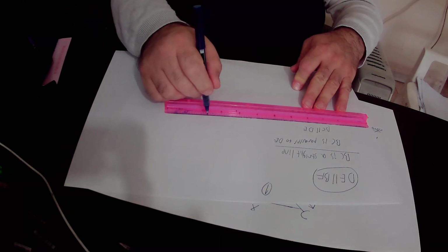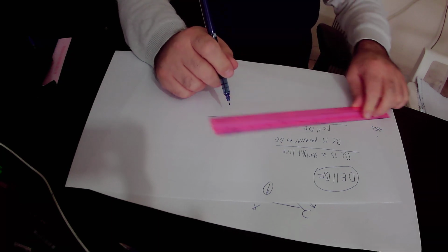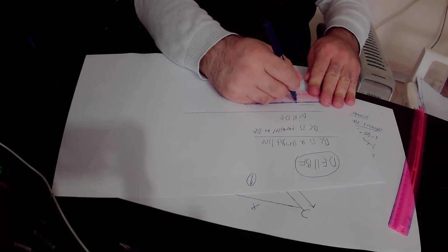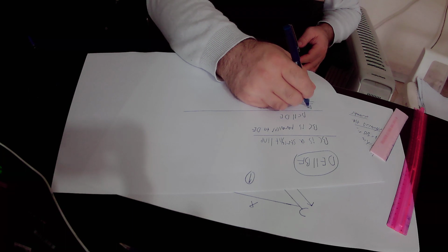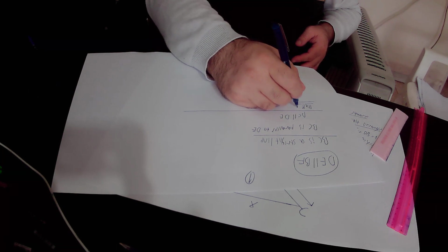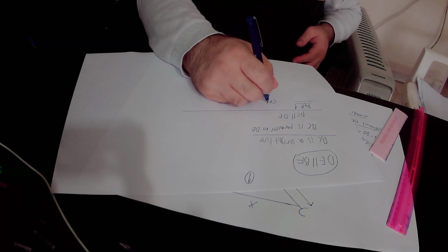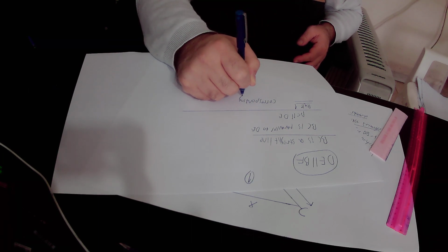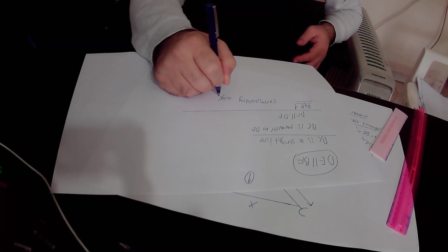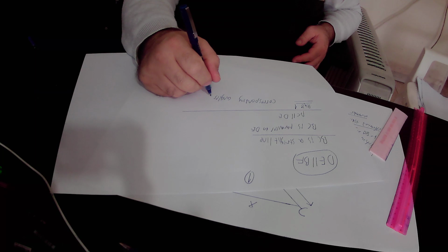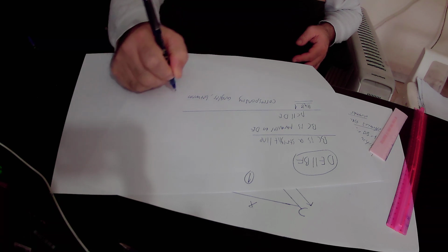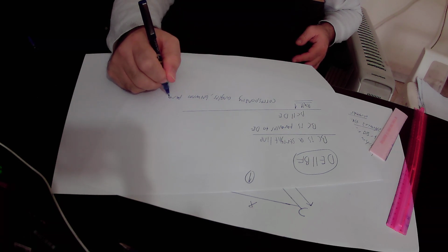And we have rule number 1, which states that corresponding angles between parallel lines are equal to each other.